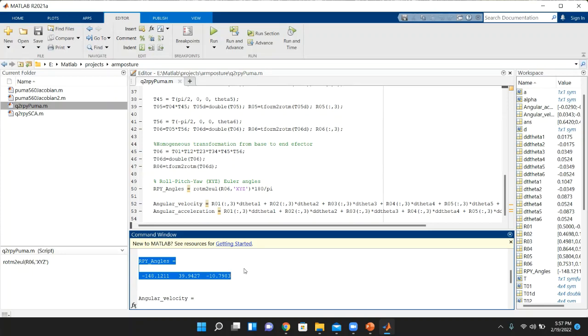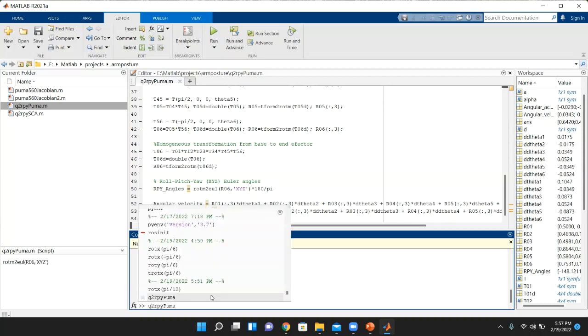Okay, so this is how you convert a rotation matrix, or rather calculate the RPY angles, roll pitch yaw angles, from a rotation matrix.